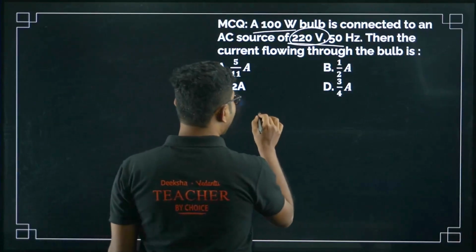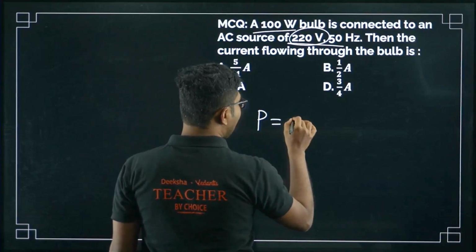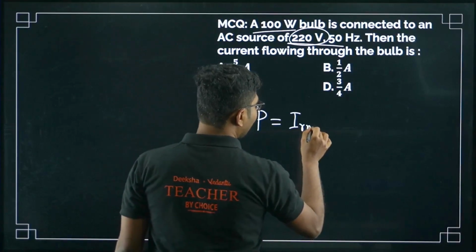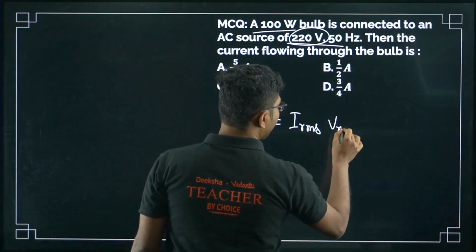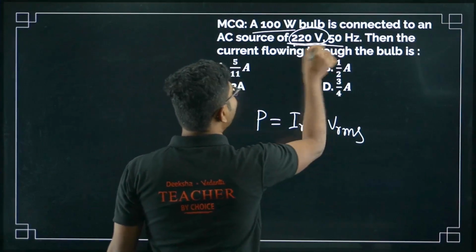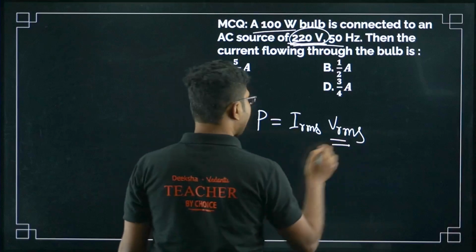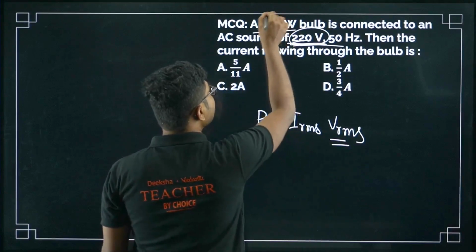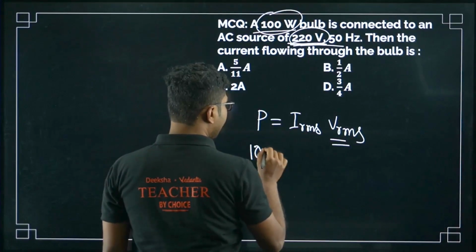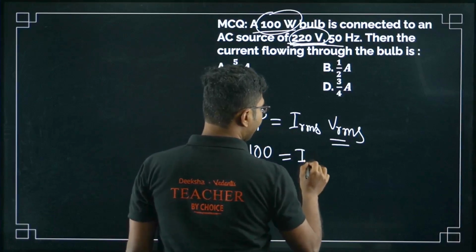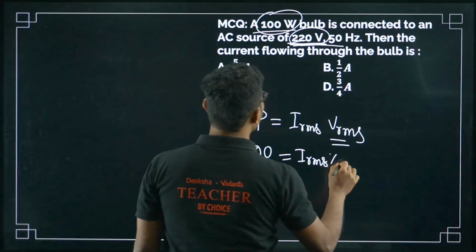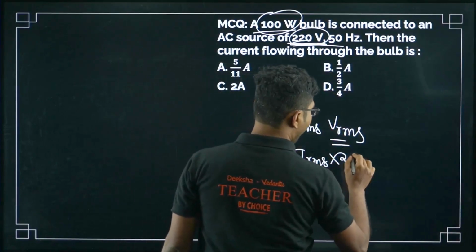So we know that power is basically IRMS times VRMS. Generally this value 220 volt 50 Hz, this 220 volt always represents VRMS. Power of the bulb is 100 watt. So 100 equals IRMS into 220 volt.